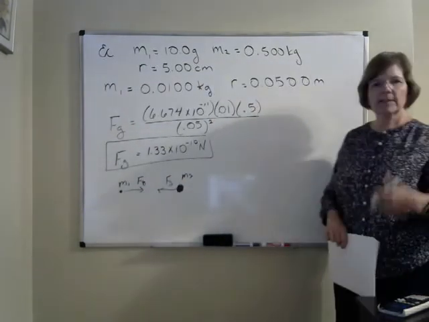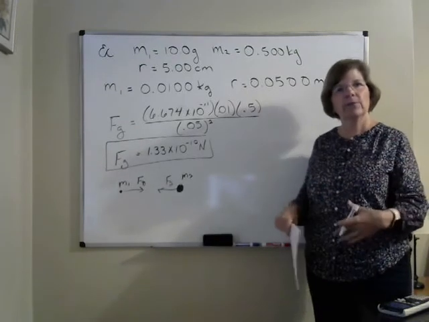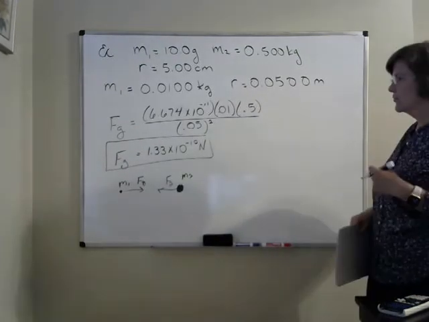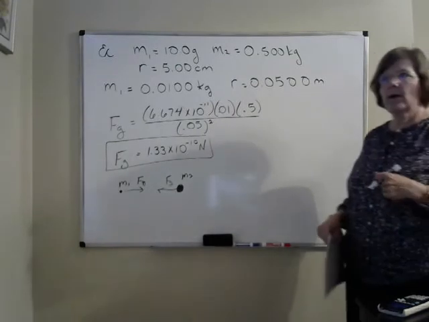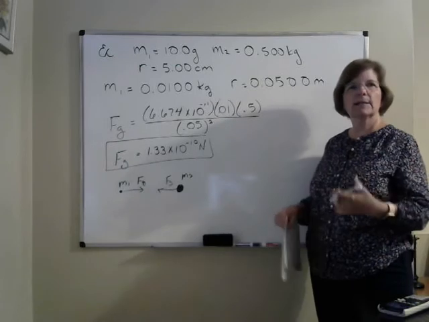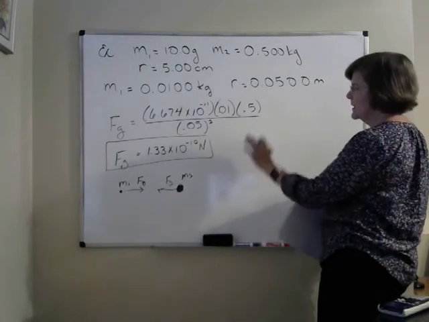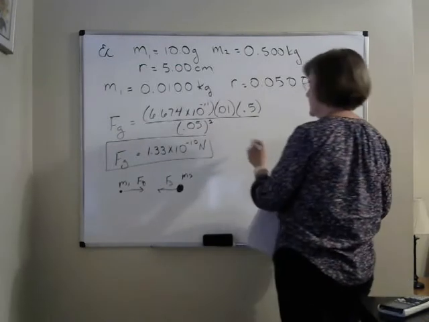If that gravitational force was the only force acting on them, it would be the net force. One of the things you'll realize is, although they have equal forces, they'll have very different accelerations because of their very different masses. If that's the only force, let's find their acceleration.